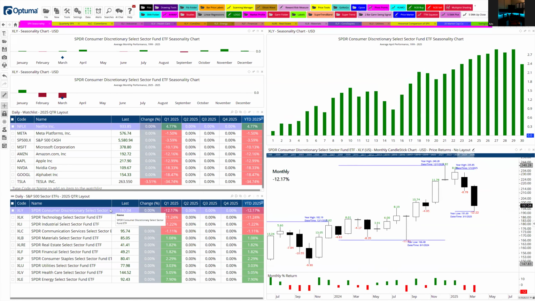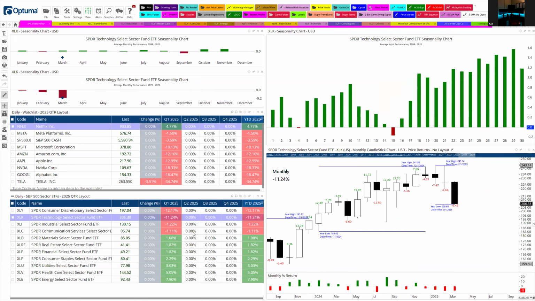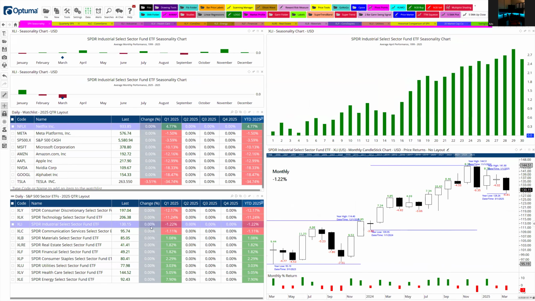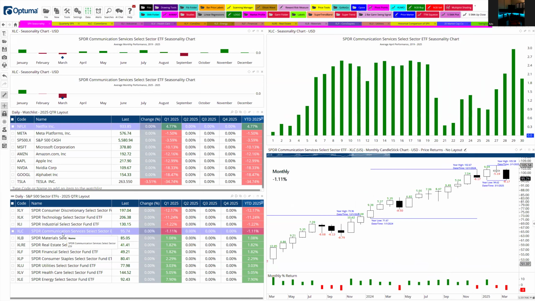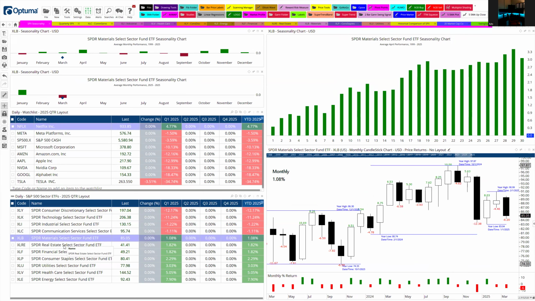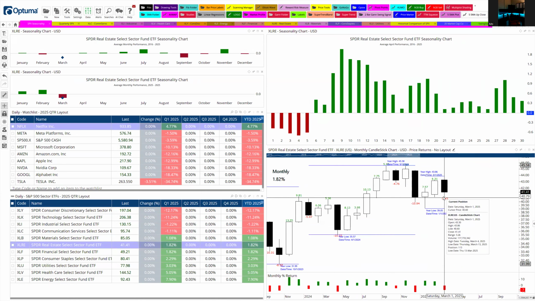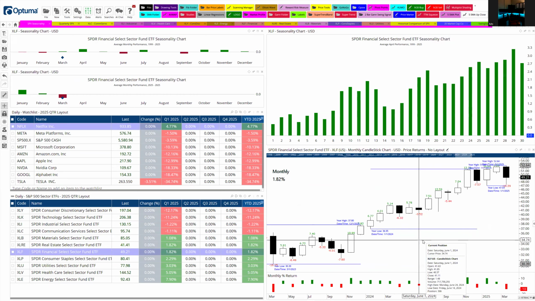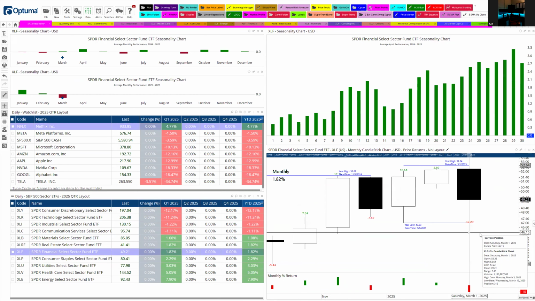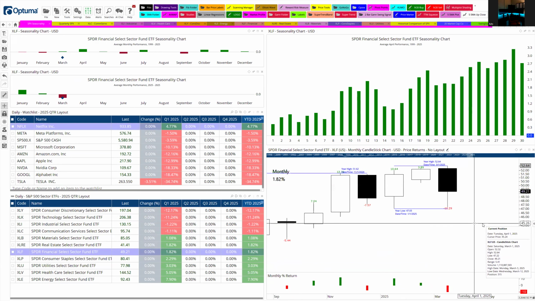Consumer discretionary lower bar, technology lower, industrial lower, communication lower, material lower, real estate engulfing bar, made an outside bar. Financials outside bar.